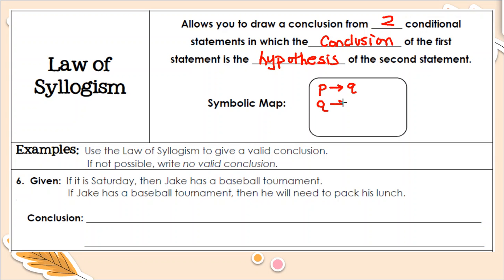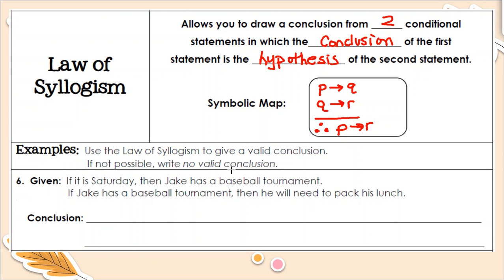If Q, then R. From this, we're able to draw the conclusion of, therefore, remember that's what those three dots mean, if P, then R. Bonus points if you can remember what property of equality this looks like. If you said the transitive property, you are correct. It's very, very similar to the transitive property of equality, right?